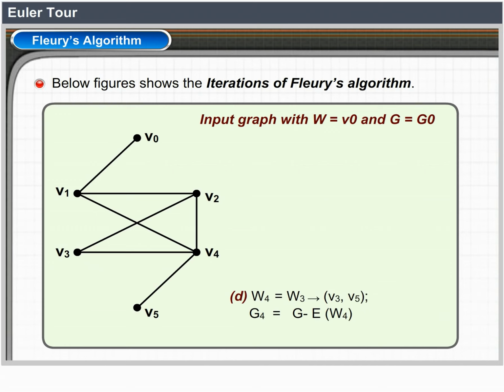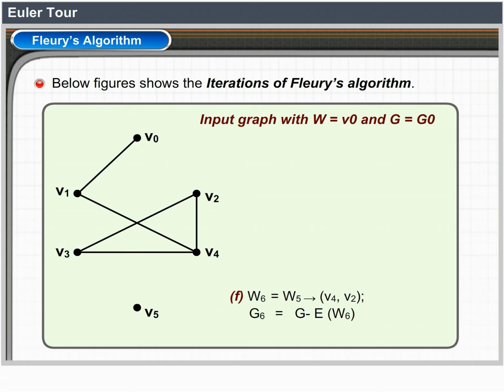Then G4 equals G minus E of W4. W5 equals W4 implies V5, V4. Then G5 equals G minus E of W5. W6 equals W5 implies V4, V2. And G6 equals G minus E of W6.